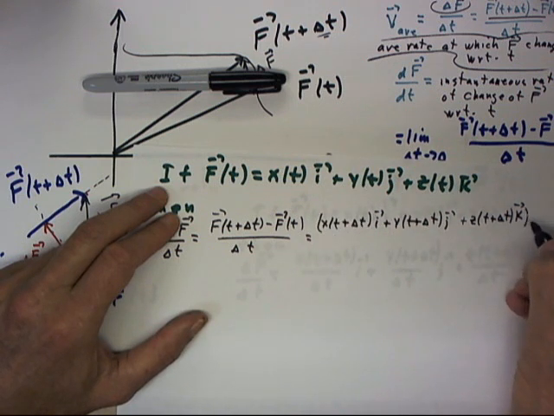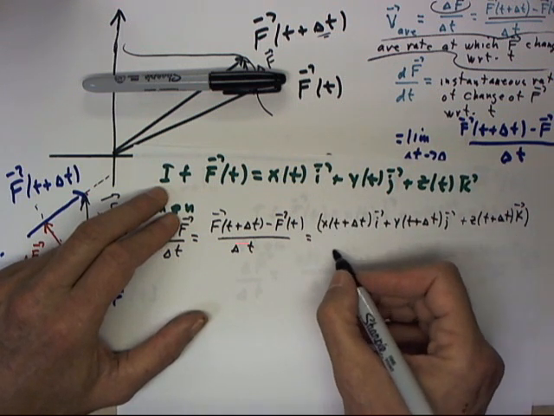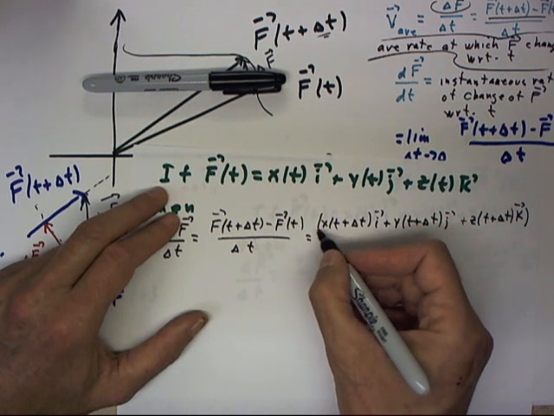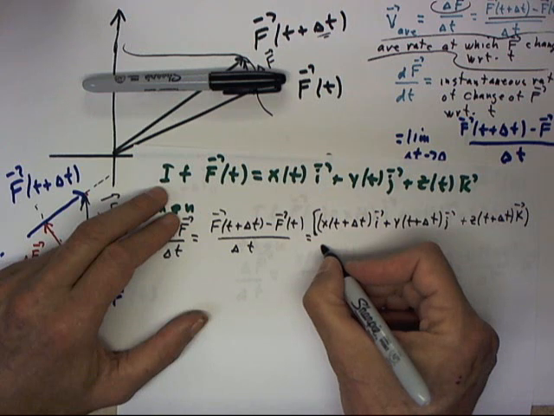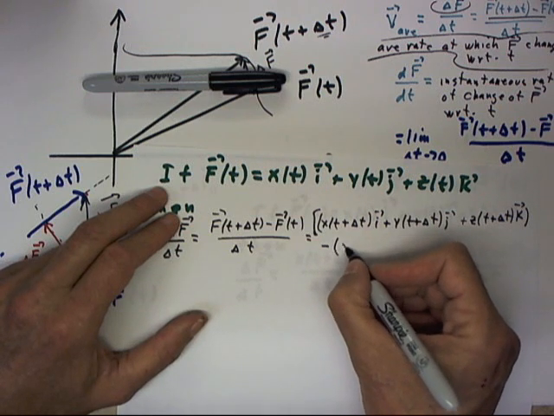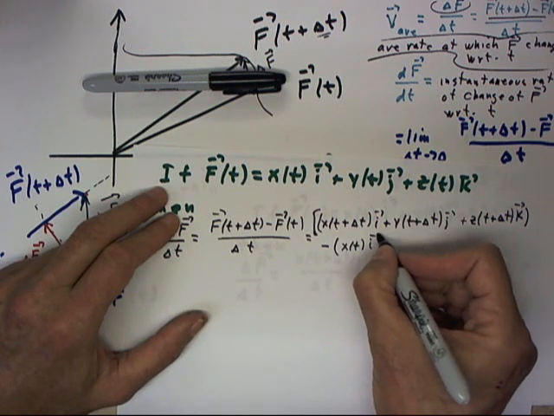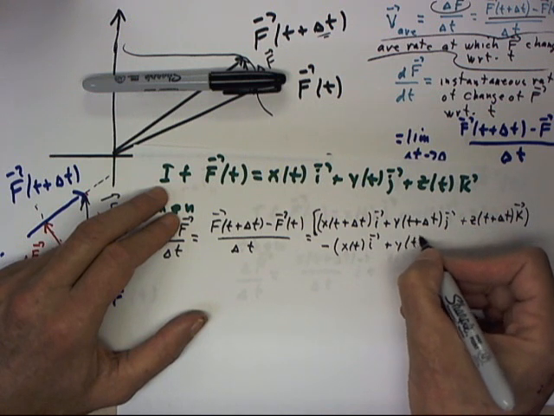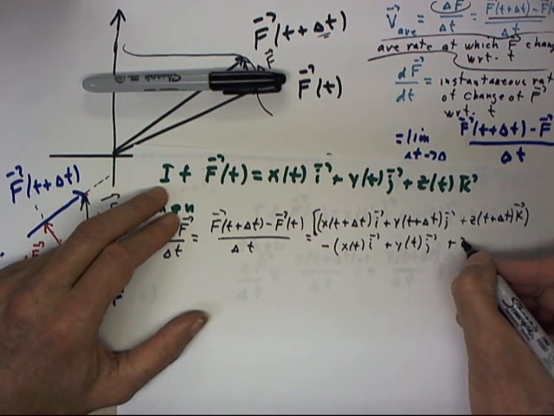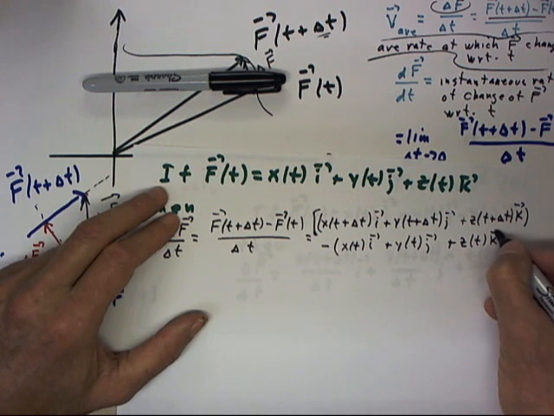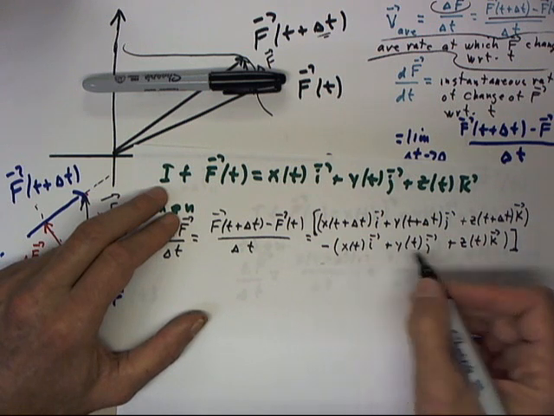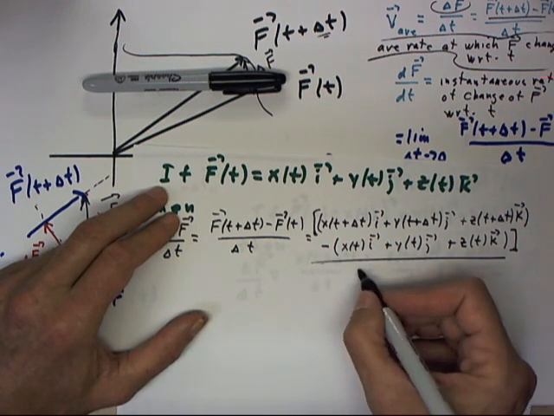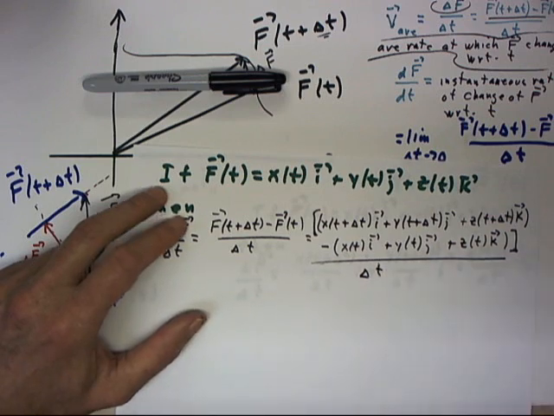I don't have room to string it all out, so I'm going to group my numerator. I'll start a bracket here so we know when the numerator ends, but that will be minus the quantity x of t i plus y of t j plus z of t k, and we'll put that in brackets, and then we'll indicate that all that is divided by delta t.